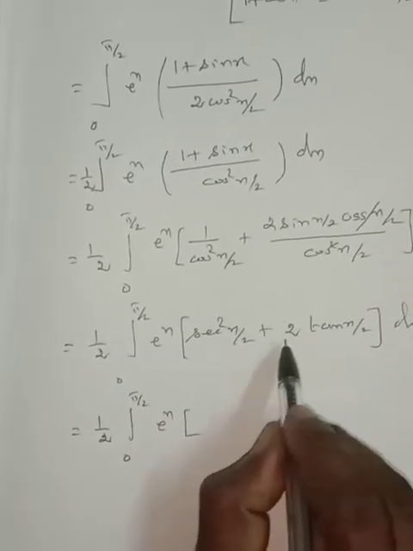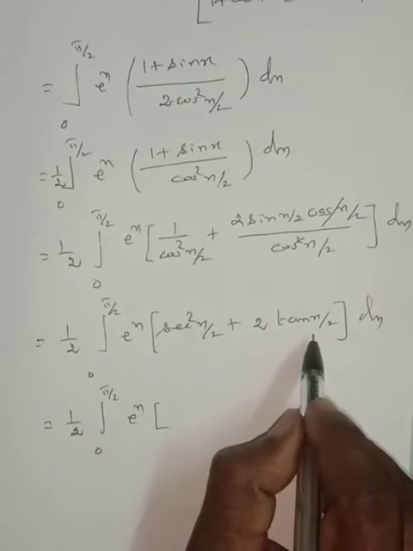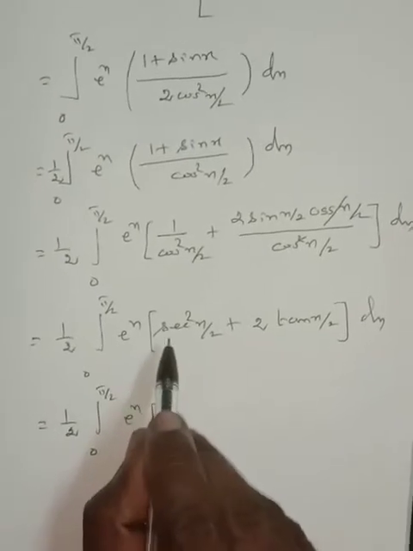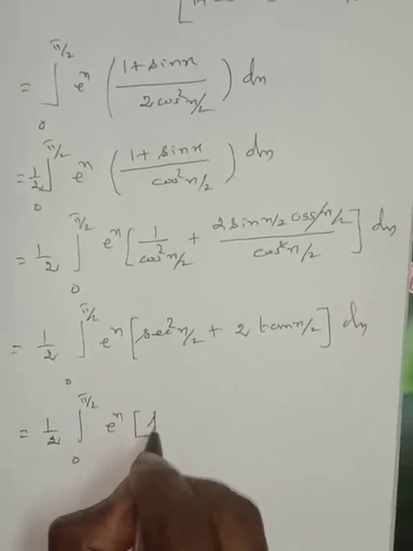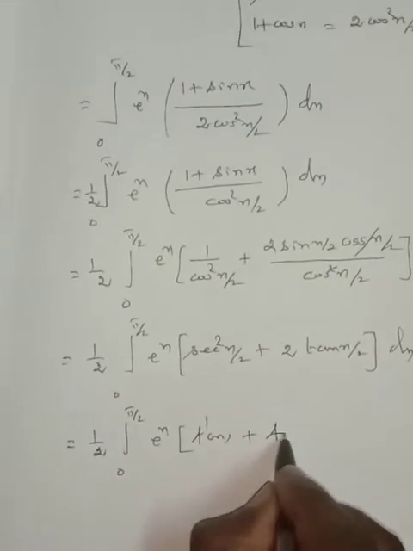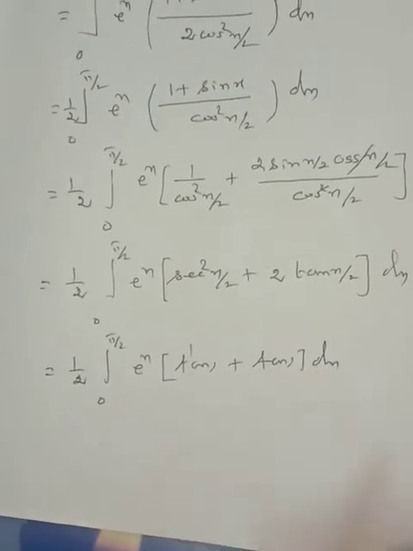Take 2 tan x by 2 as f of x, differentiate one time: f dash of x is secant square x by 2. Therefore this is f dash of x plus f of x into dx.